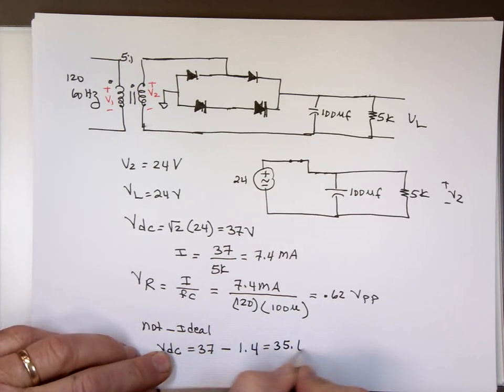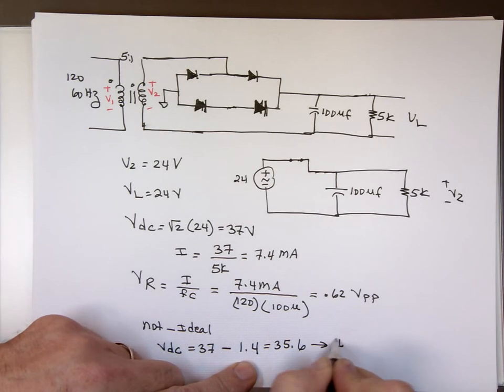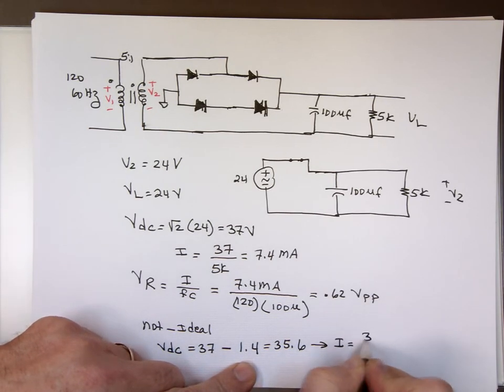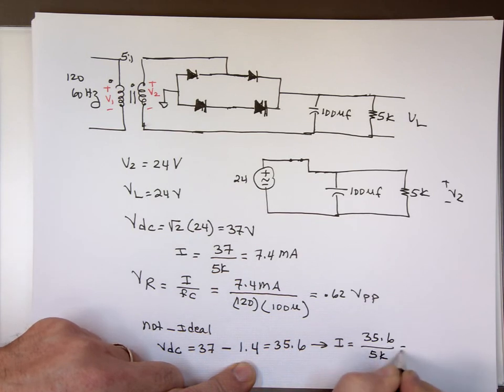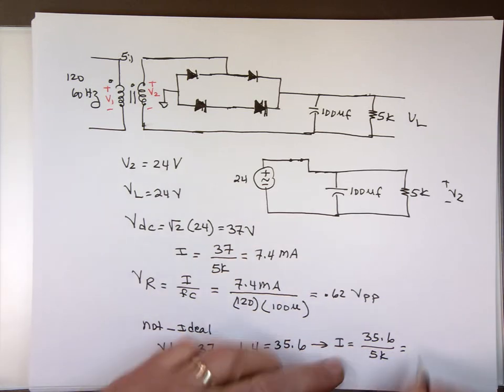And that will give me I to be 35.6 over 5K, which is 7.12 milliamp.